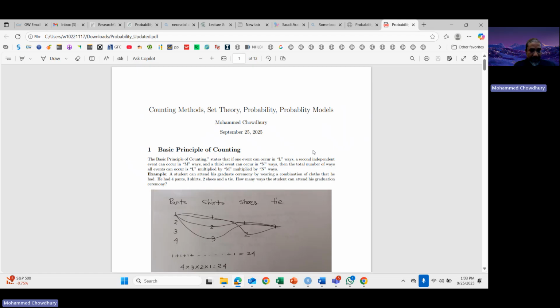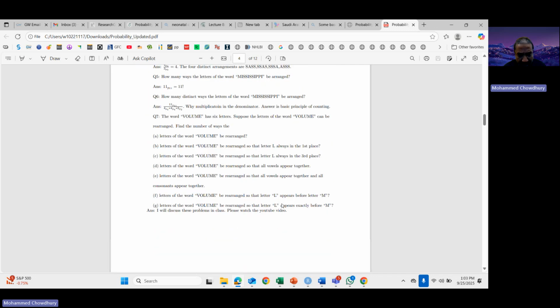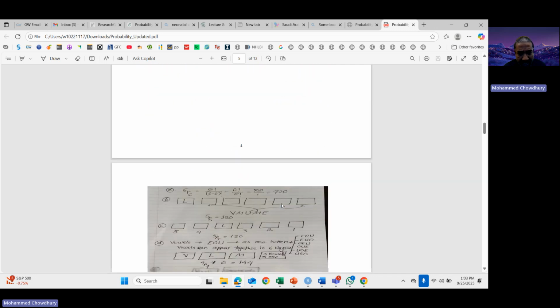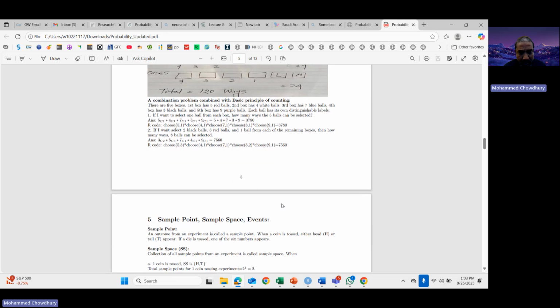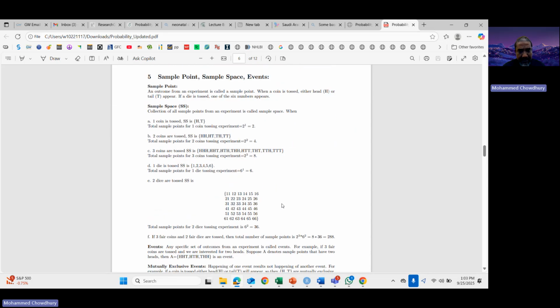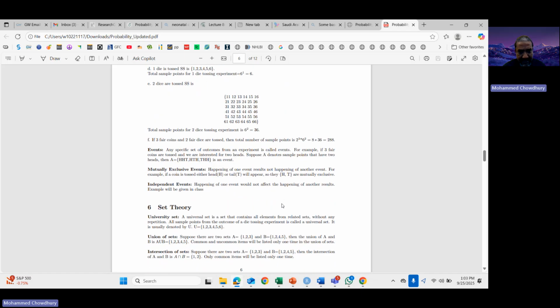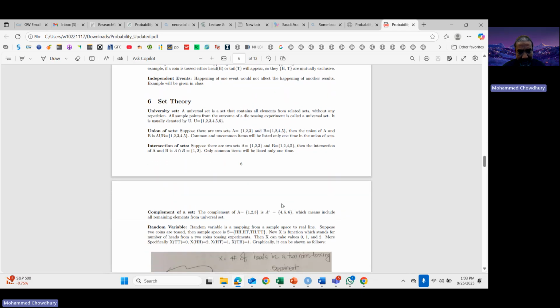Okay, so let me start where I stopped last time, okay? I discuss all of this problem, combination problem with basic principles of counting, sample space, sample points. I discuss set theory, okay?